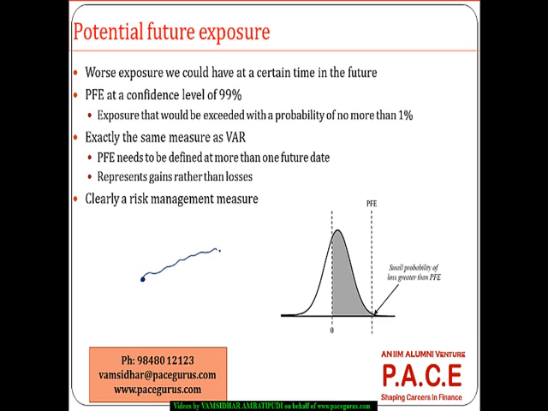We are doing some kind of simulations, and based on the different simulations that we have got into, we have got different kinds of possibilities for the future. Now the future is going to be anywhere between this and this. Now let's say if I am trying to take that as a distribution, this is the distribution of the future exposure.